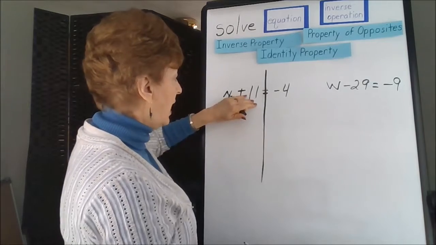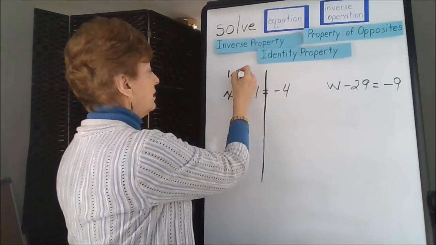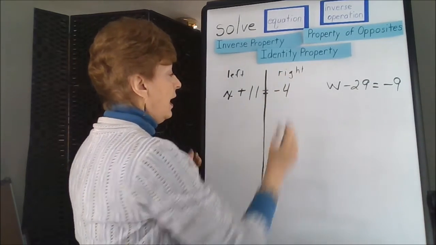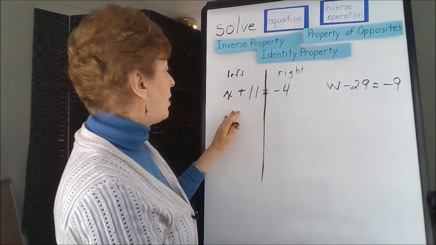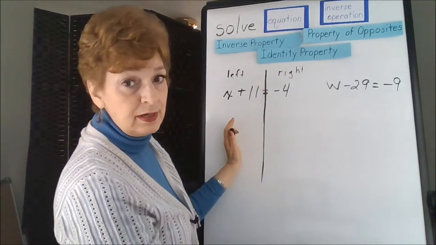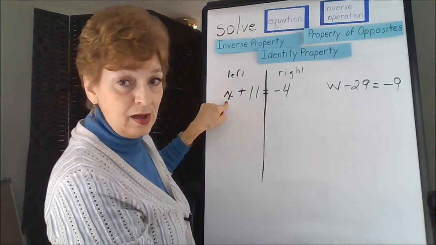I could just draw a line and have two sides to this, my left-hand side and the right side of this problem. And what I want to do is get all of my number values on one side or the other and leave my x, the unknown, by itself.